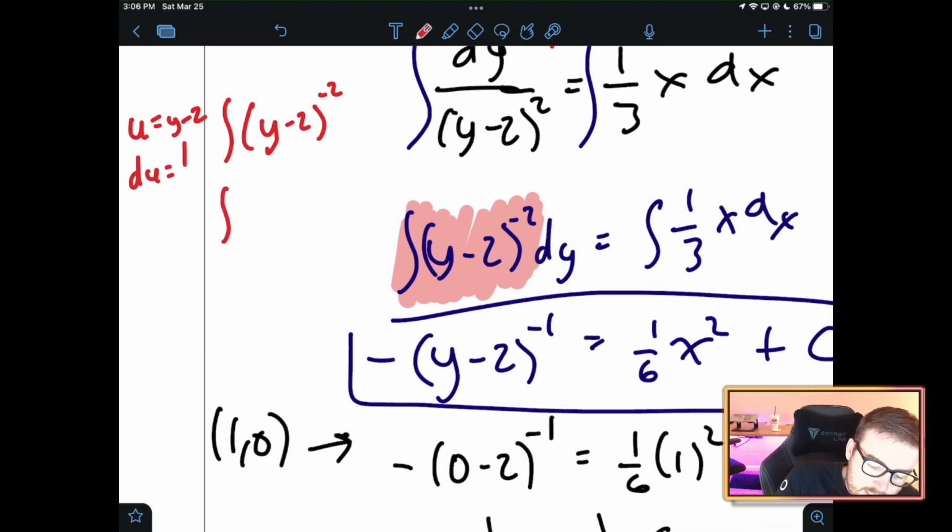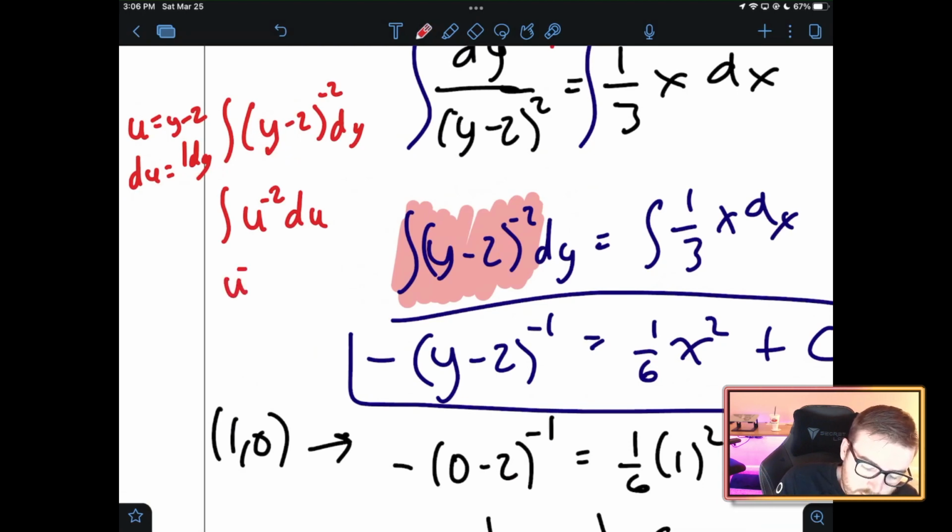So I'm writing this as u to the negative 2 du. When I derive this, I get du. When I derive this, I get 1 dy. So du equals dy.